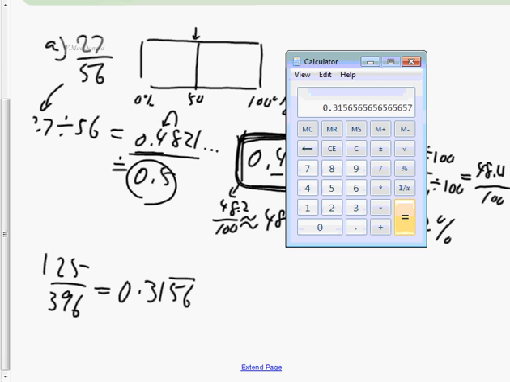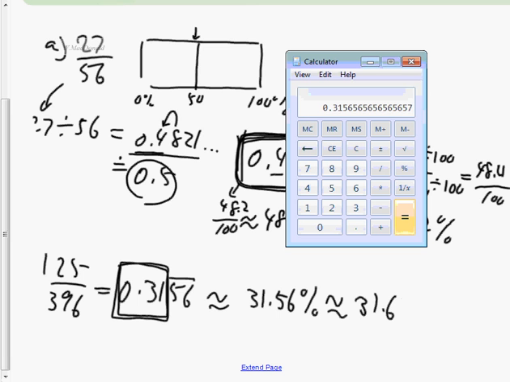That 56 repeats to infinity. Remember we want to focus on my hundredths here, 31 hundredths. So approximately 31.56%. Or if I round that, approximately 31.6%, because I can keep it to one decimal place there.